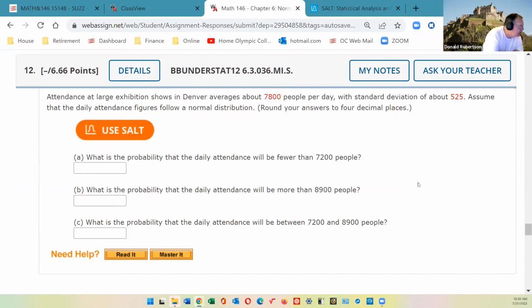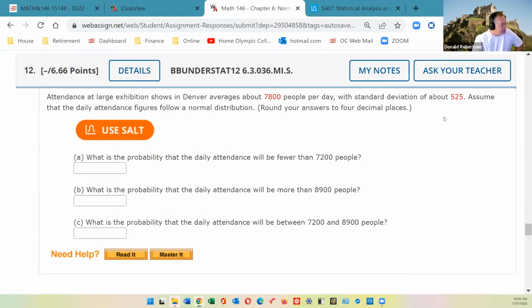Attendance at a large exhibition show in Denver averages 7,800 people a day. Okay, that's a good number. And has a standard deviation of 525. So about almost 8,000 people on average every day, but it varies from day to day.